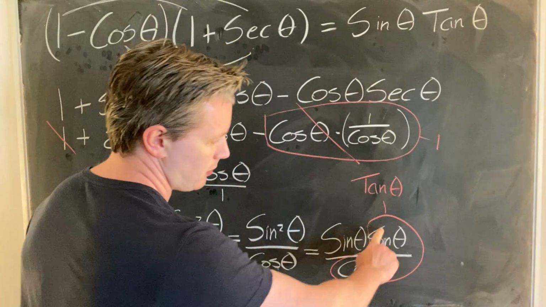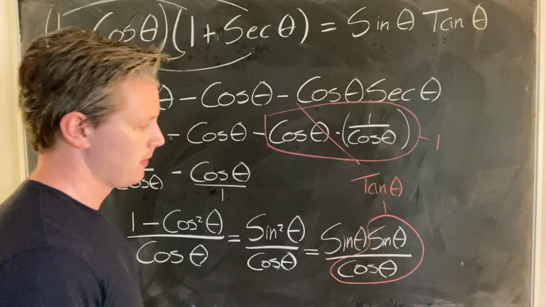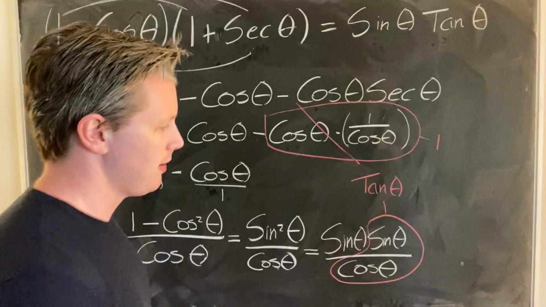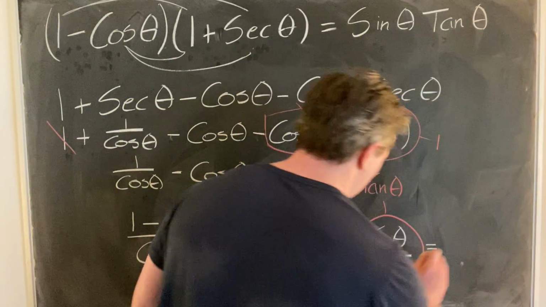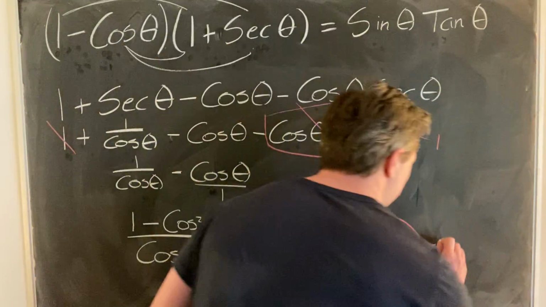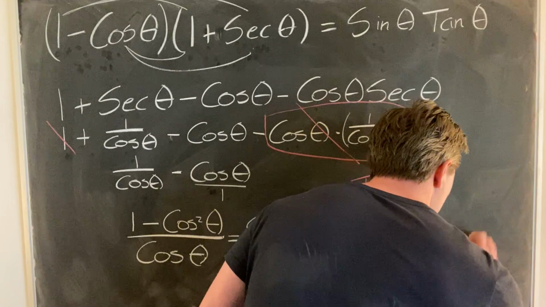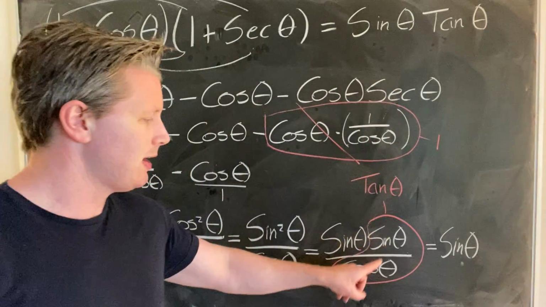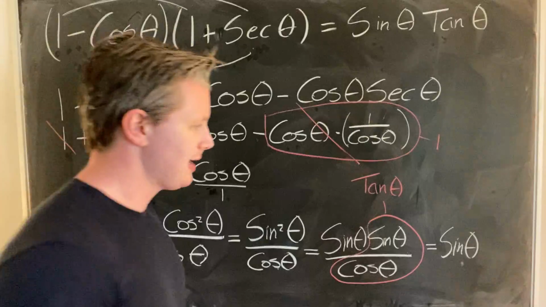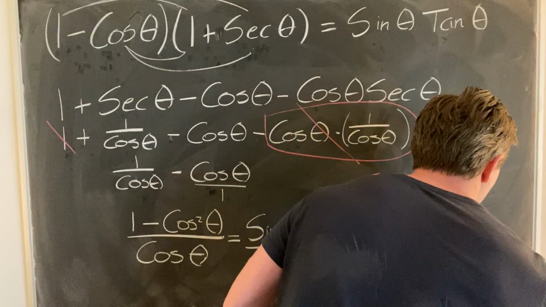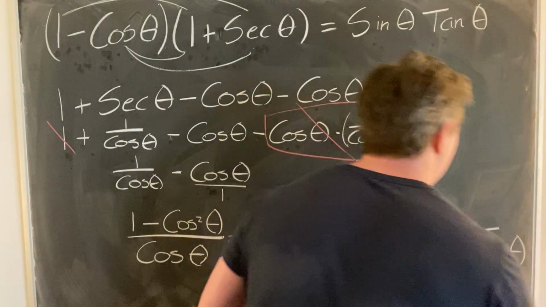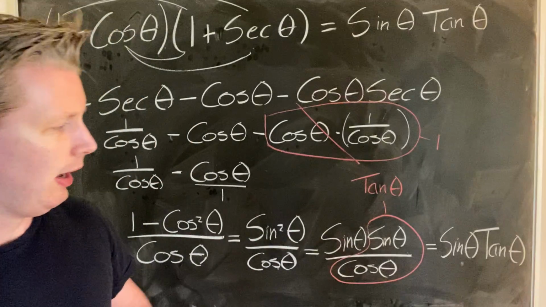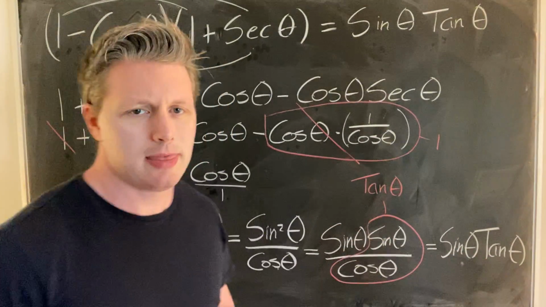Sine theta over cosine theta is tan theta. And so what have I really got here? I have the sine theta, and instead of writing sine theta over cosine theta, I'm going to simply write tan theta. And look at that. I now have sine theta times tan theta.